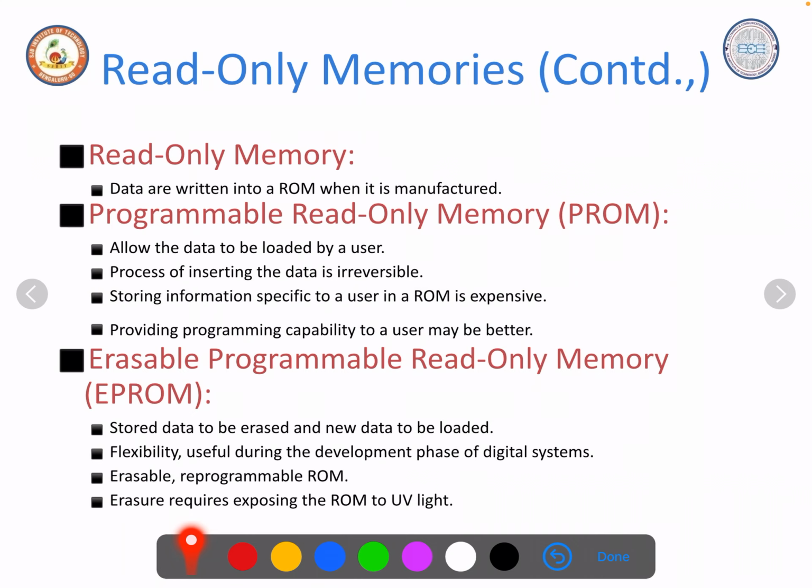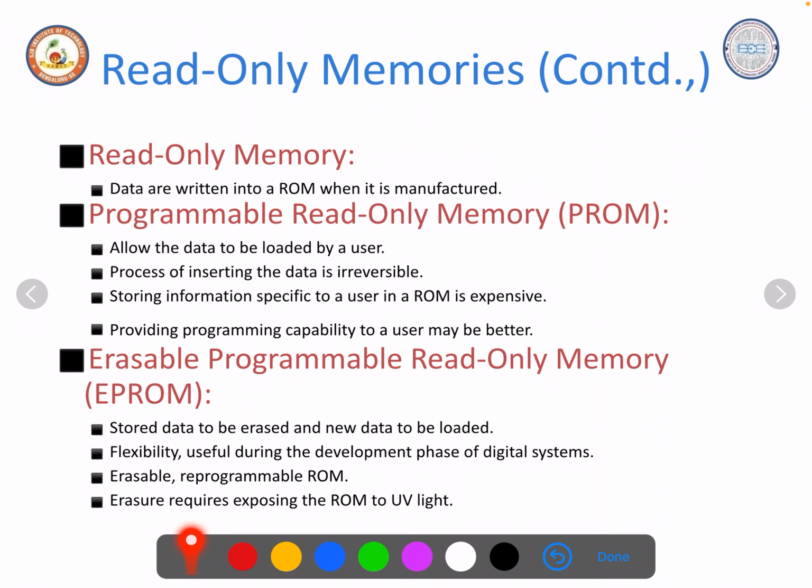So again in ROM you have different variations. Data written on ROM is written during the manufacturing time. So later they made use of PROM, programmable read-only memory. It allows the data to be loaded by the user, not by the manufacturer.